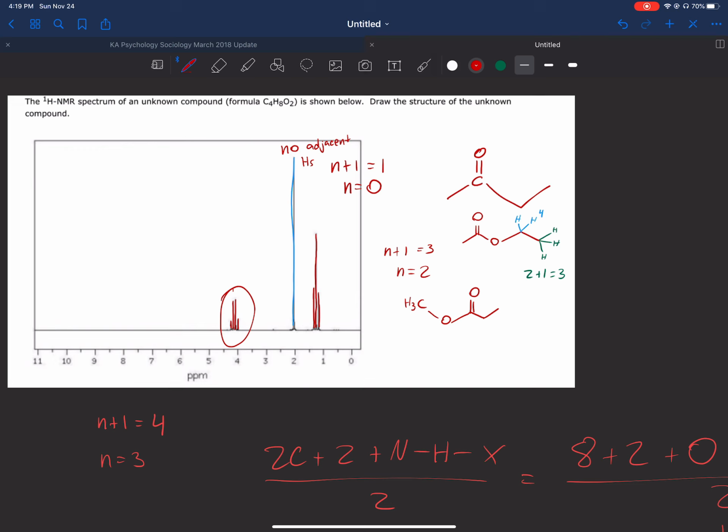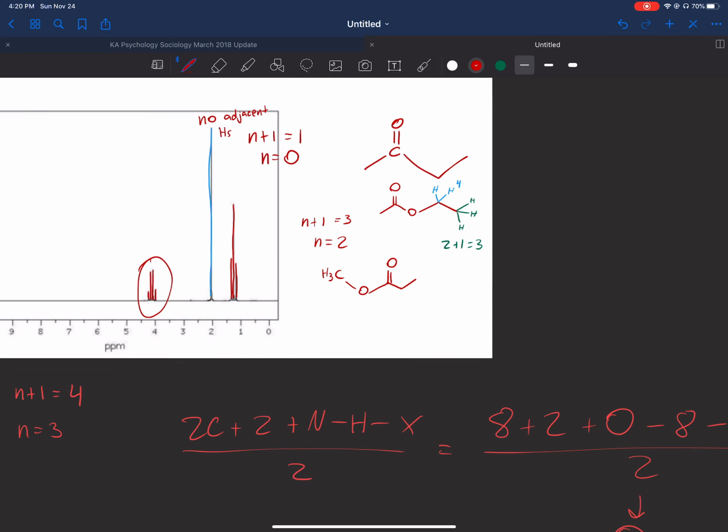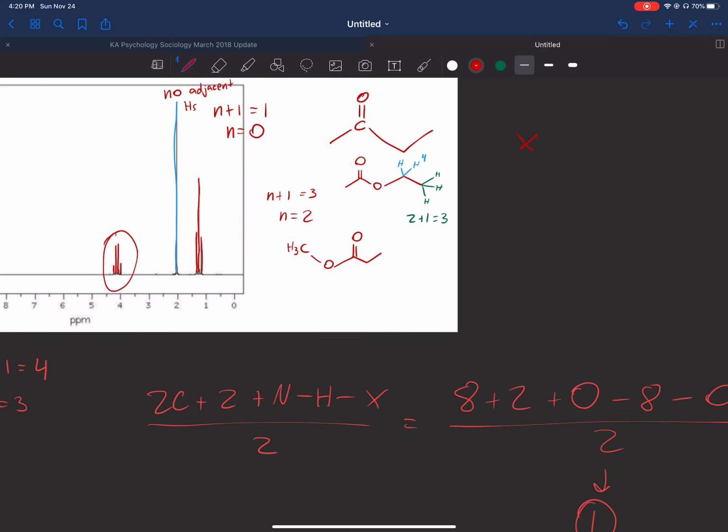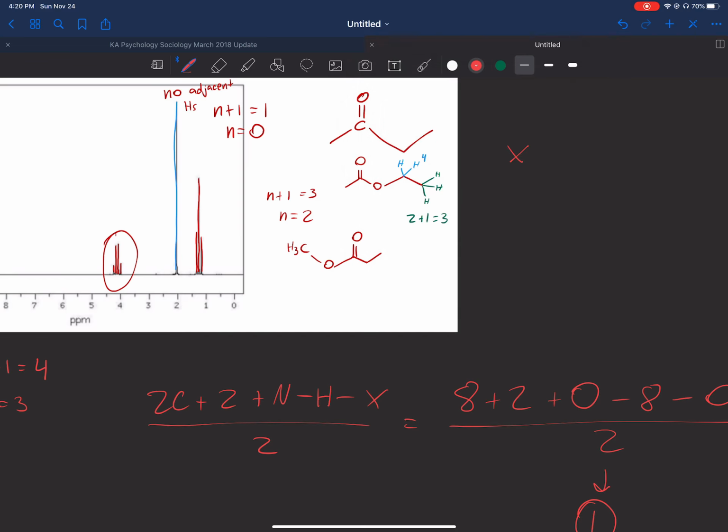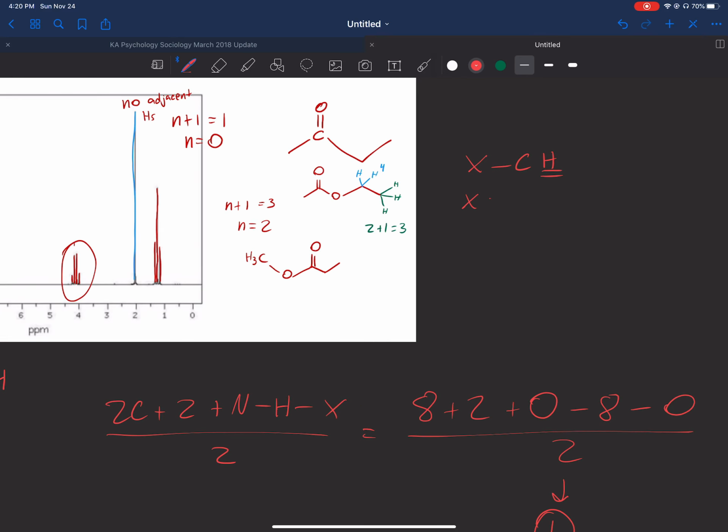So if you look at your exam 3 cover sheet and you look at the HNMR values, they wrote it as this, X to CH. That's the H that we're talking about, where X equals an oxygen, a bromine, chlorine, or nitrogen.